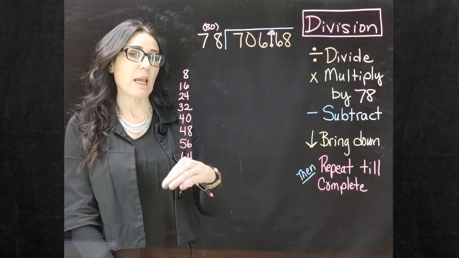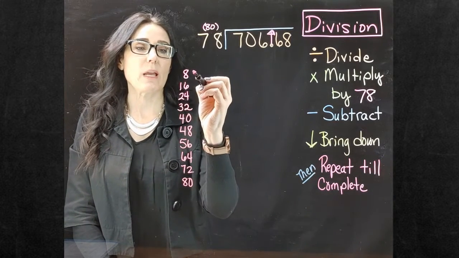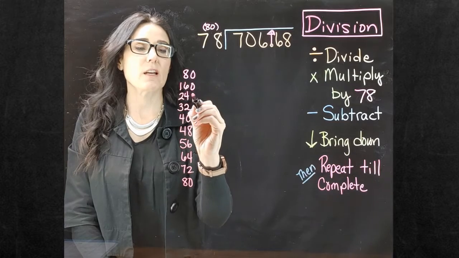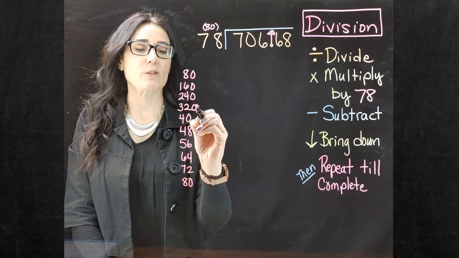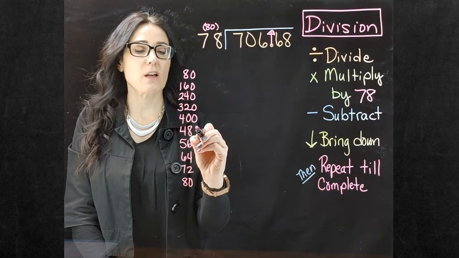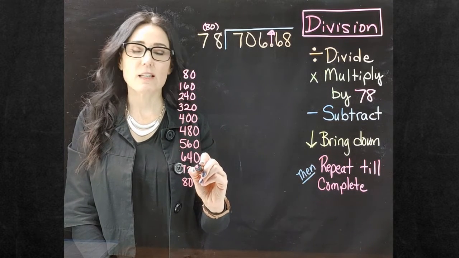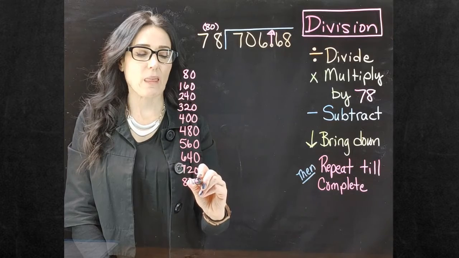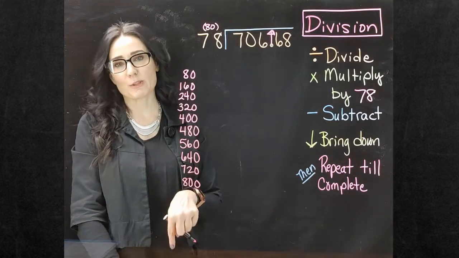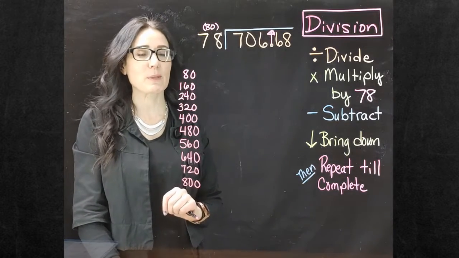Now, in order to count by 80s, I could just simply go 80, 160, 240, 320, 400, 480, 560, 640, 720, and 800. So you simply add zeros to all those. So do it whichever way works best for you.